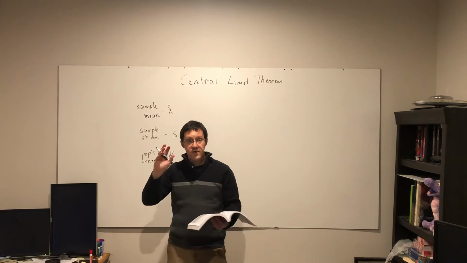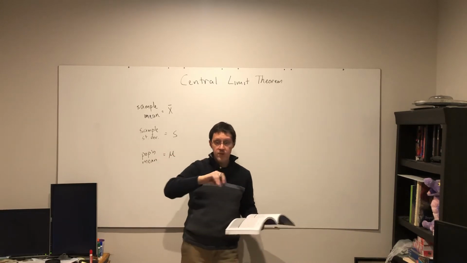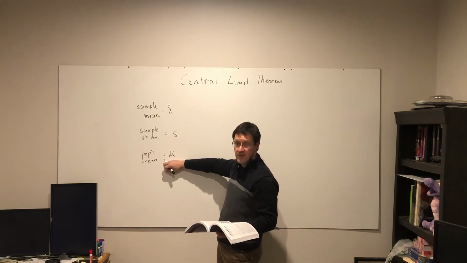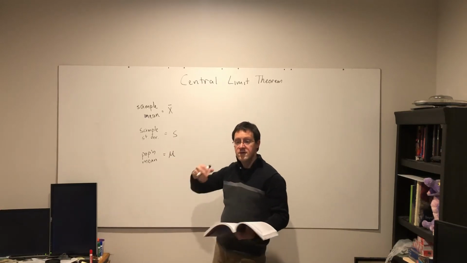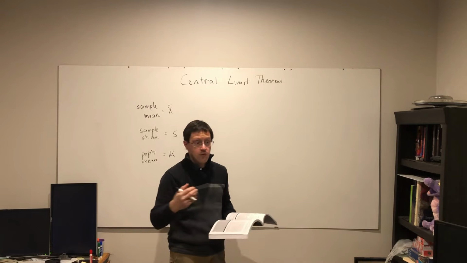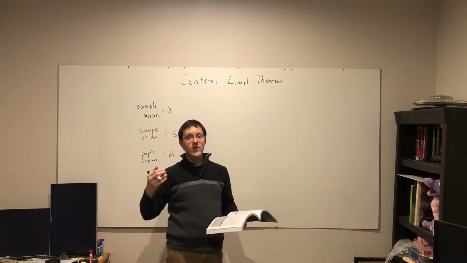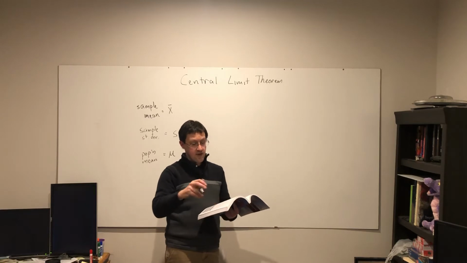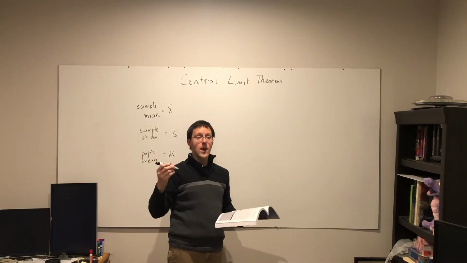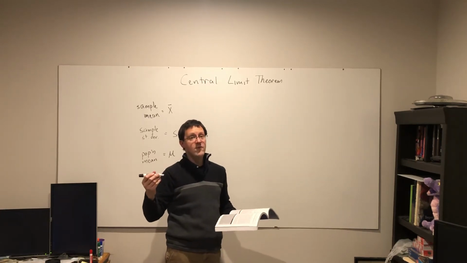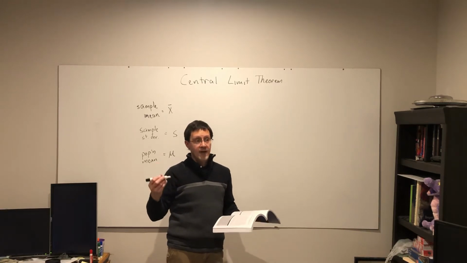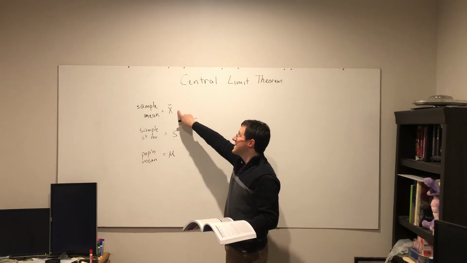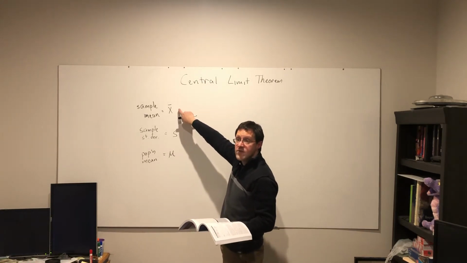Now, this relationship of what we know from our sample to what we don't know, but what we really kind of want to know, goes through this idea called the central limit theorem, which is a way of trying to basically measure or quantify how much error we have, not in our data set, but in this value of the sample mean.